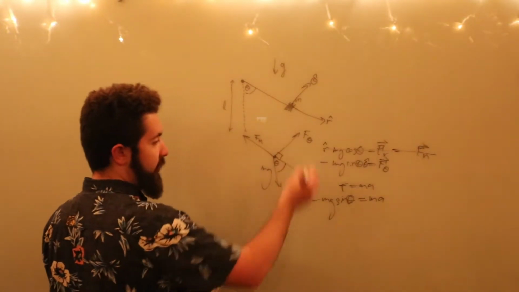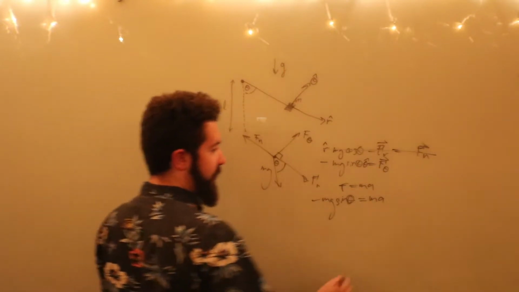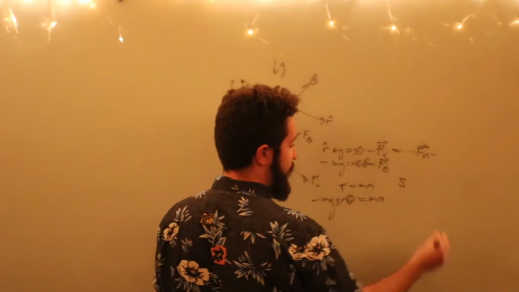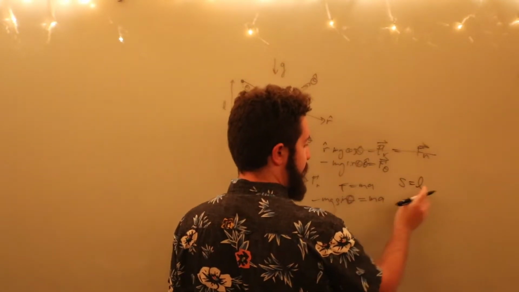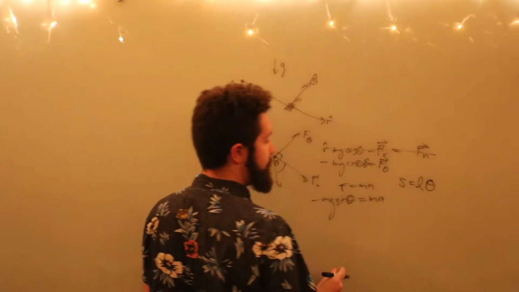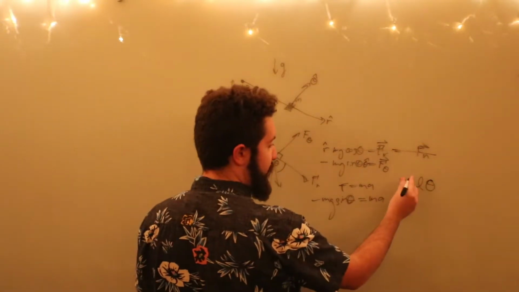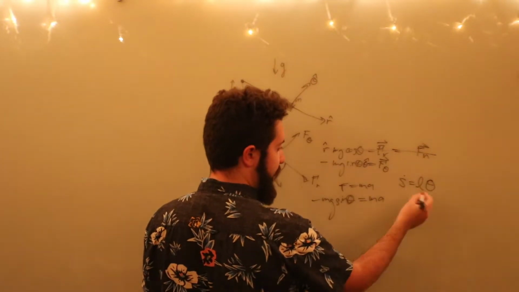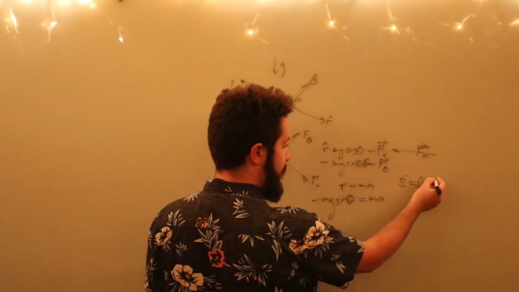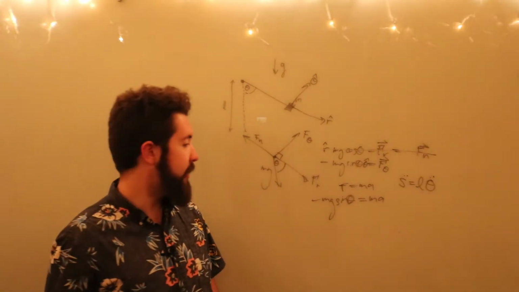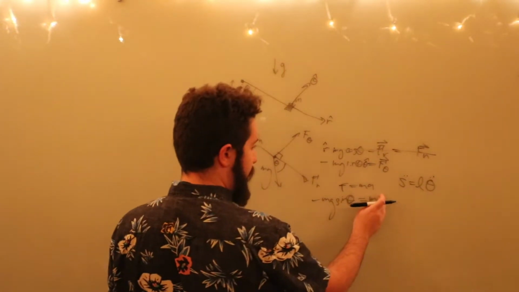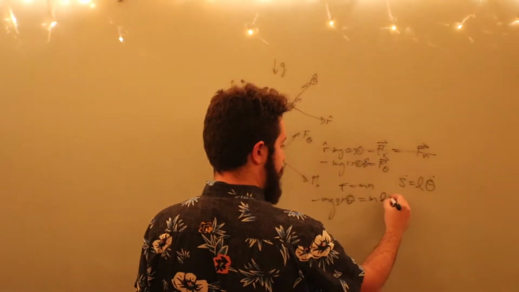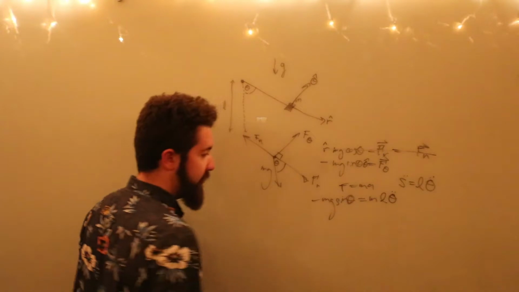So an arc length acceleration, if you will, is going to be, we'll call S arc length, is going to be equal to L times theta, right? Now, if L is constant and S and theta are functions of time, then S dot is equal to L theta dot, and S double dot is equal to L theta double dot, which means we are going to get that this is equal to mL theta double dot.